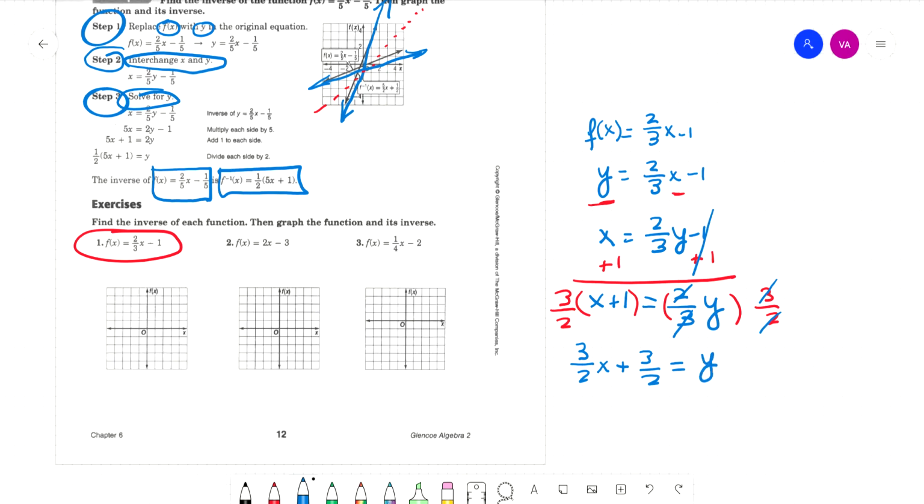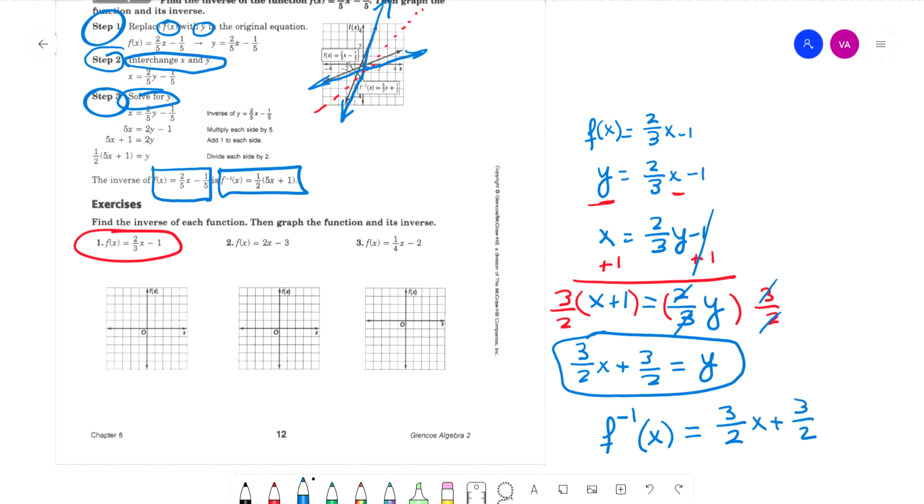So this is going to be my inverse function, but I'm going to use the function notation, and instead of y, this one that I calculated was inverse function of x, and it's going to be 3 divided by 2 times x plus 3 divided by 2. This will be a good way to getting that function.